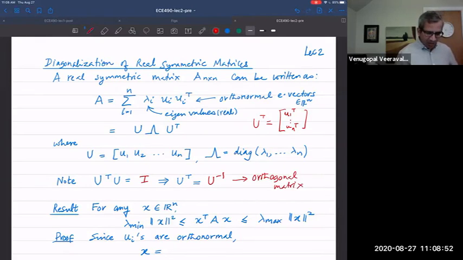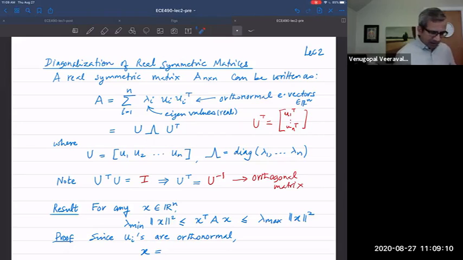So basically you can write A as the product of U, a diagonal matrix Lambda containing the eigenvalues, and U transpose. Now how do you show this? It's actually very straightforward.